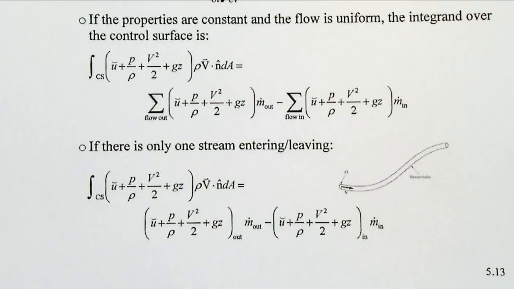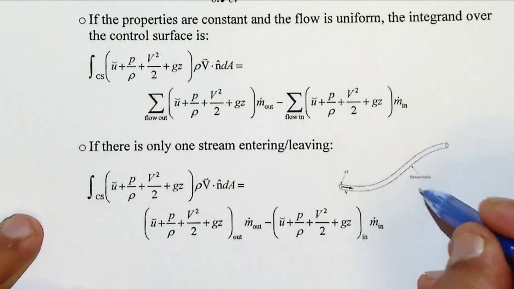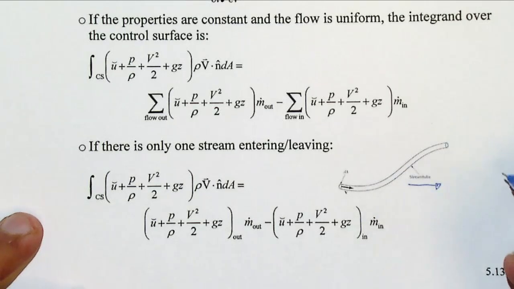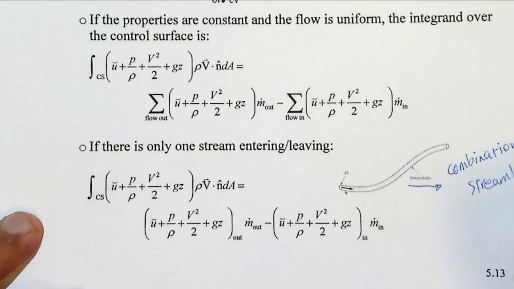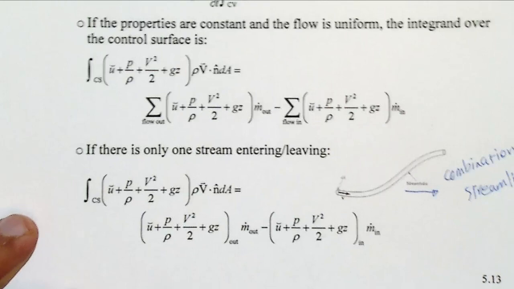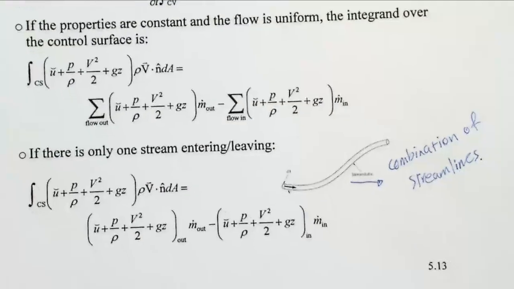What does it mean? It means that most of the time you consider a stream tube. A stream tube is actually a combination of streamlines. You can physically understand it by thinking of wires and cables that are underground, for example for internet.